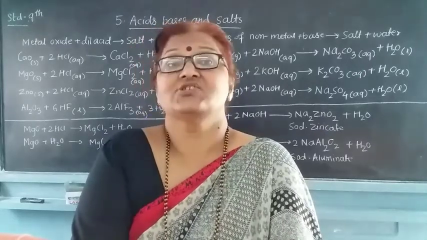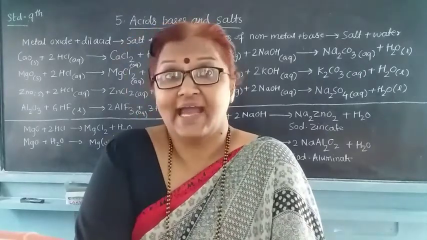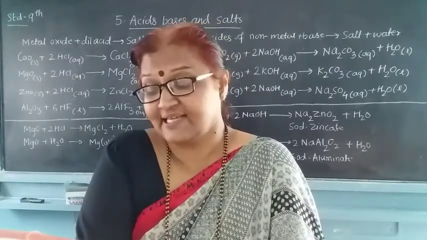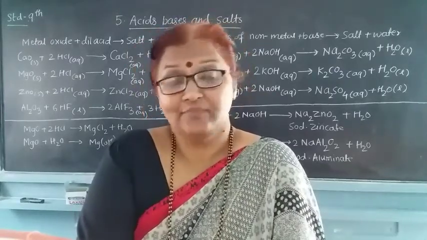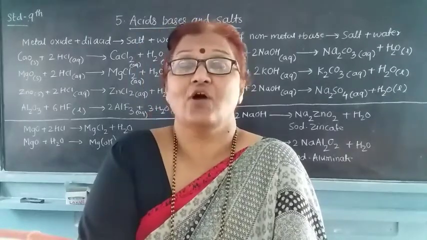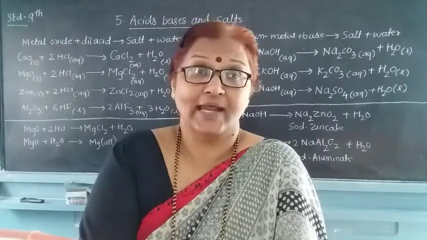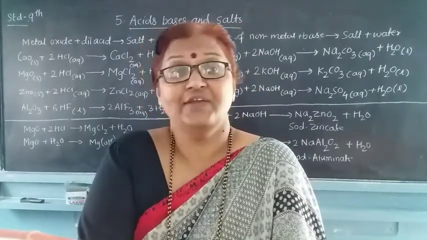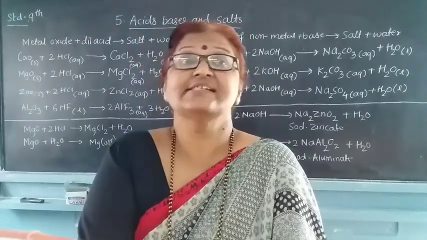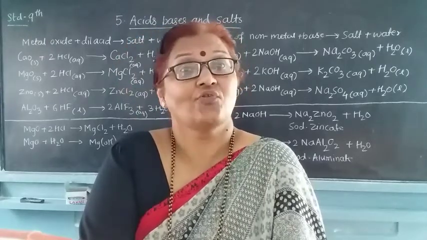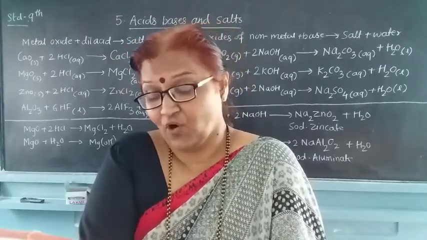Fe2O3, which is in a solid state, reacts with HCl, which is in an aqueous state. Whenever both of them react together, there is a formation of a salt, ferric chloride, FeCl3, in an aqueous state, and there is a formation of water.